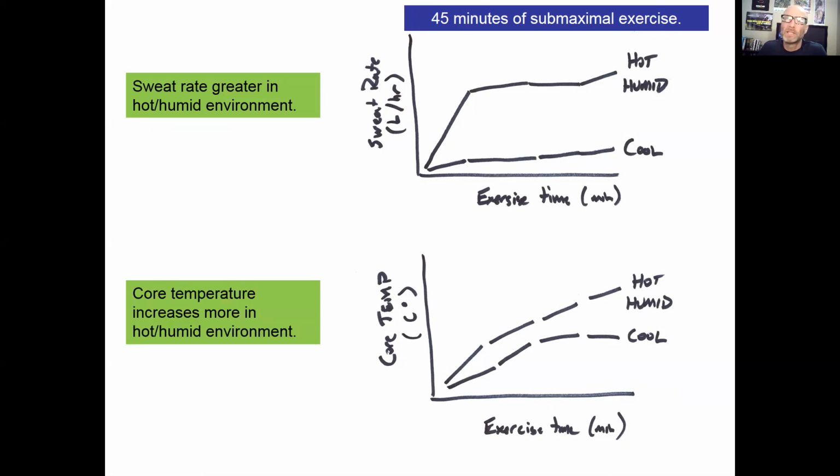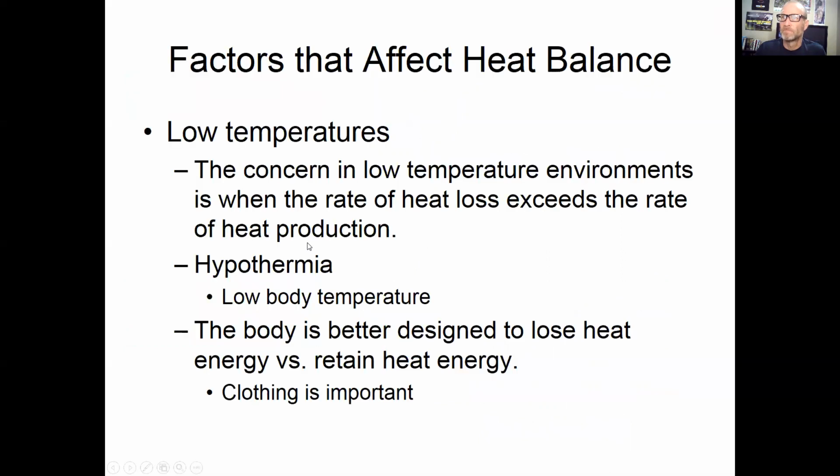Let me say it this way. It is easier to add layers of clothing to stay warm in cool environments, but in hot and humid environments, you're really limited in some of the strategies to stay cool. And sometimes that strategy is stop exercising or slow down and then don't generate as much heat internally.